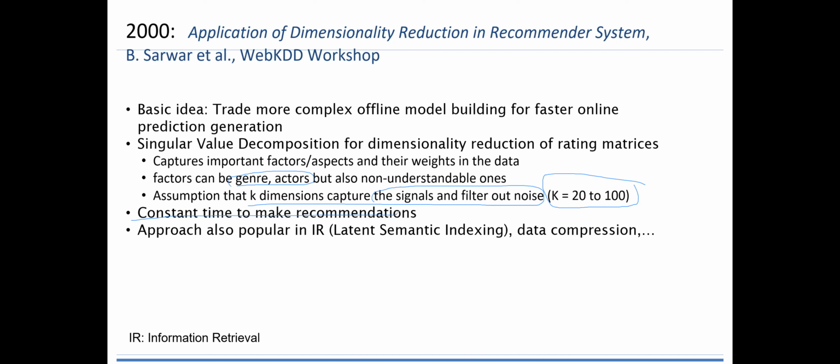So the result shows that it is constant time to make a recommendation. What does it mean? Once you build the model, and after you have the model, you do the prediction. And when you do the online prediction, the running time is constant.